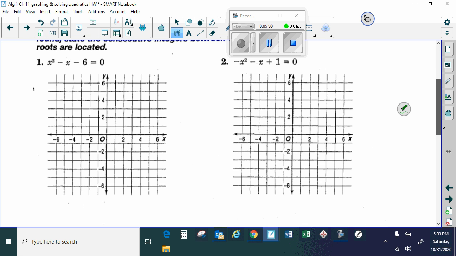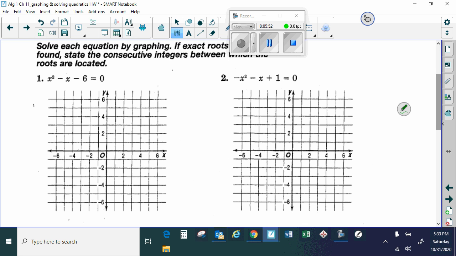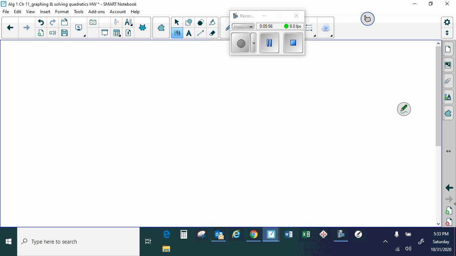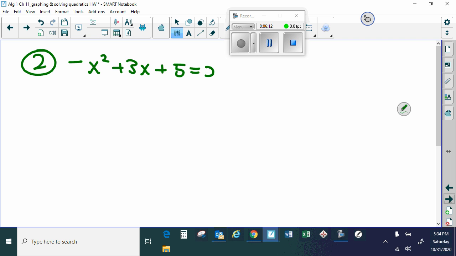Okay, now let's do an example where you can't factor it and you use the graphing calculator. So let's go to the next page. So here's one like example 2, or problem 2 in your homework. Negative x squared plus 3x plus 5 equals 0.